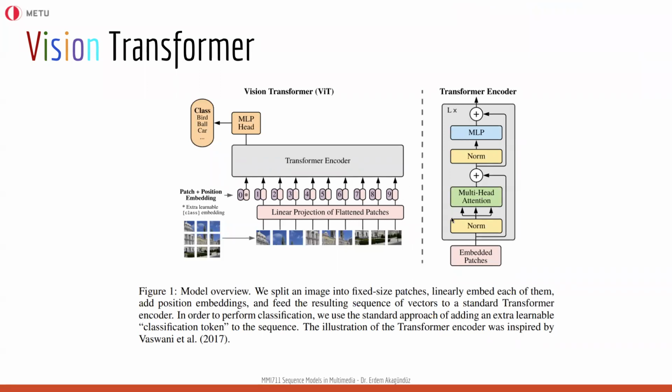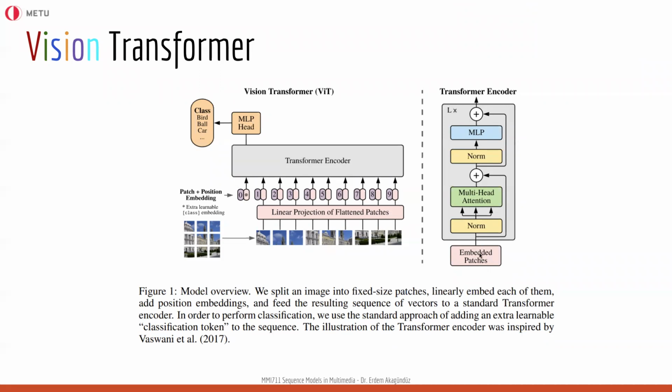This is the architecture. So you already know the transformer encoder and what it does. You just feed some embedded patches here, which are these here. It calculates the self-attention, then passes those values through a linear layer. And you have some features, just like BERT extracting features in NLP, it's extracting features from this.